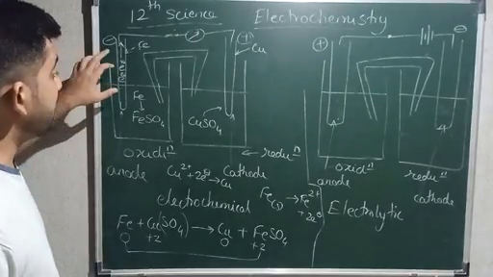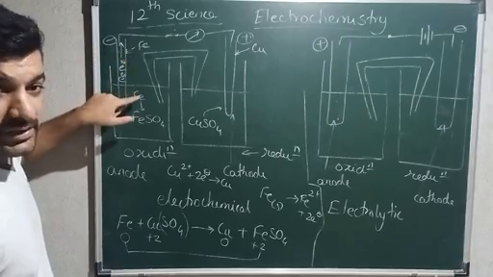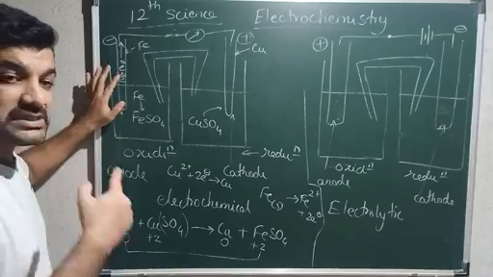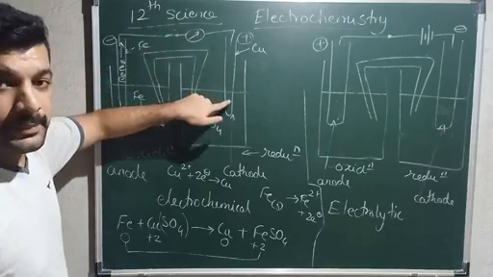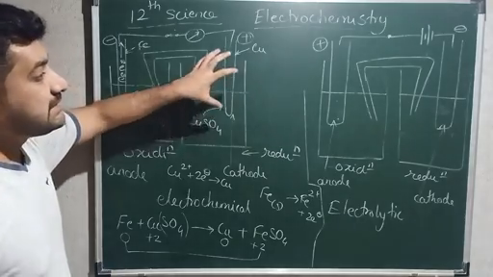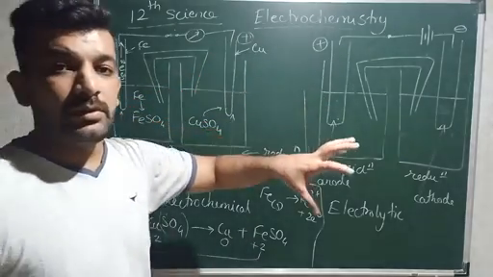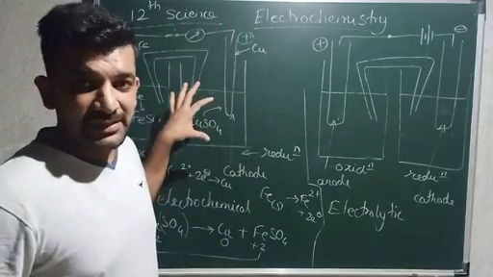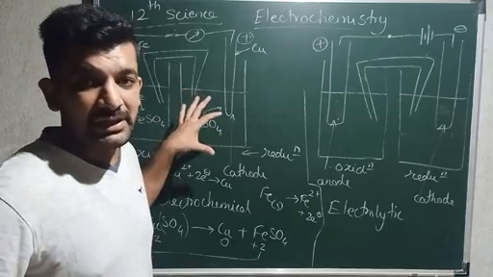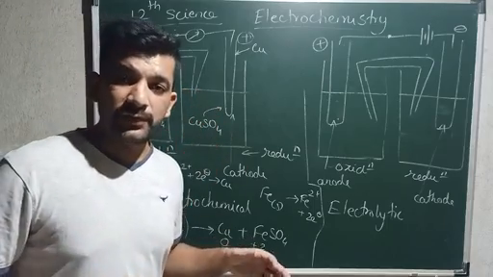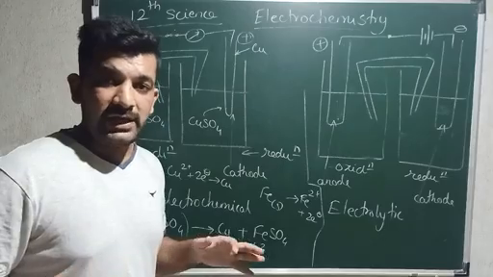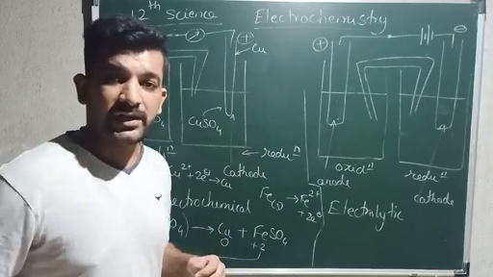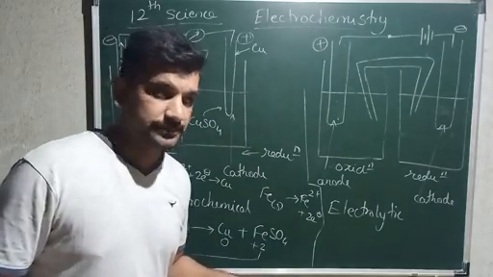Why is this happening? Because the ion which is donating its electron, those electrons are themselves moving to cathode. At cathode, we can say the supply is according to the demand. Means if we are having a buffet, only the required amount will be distributed.